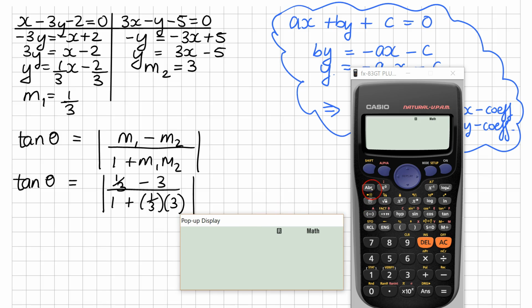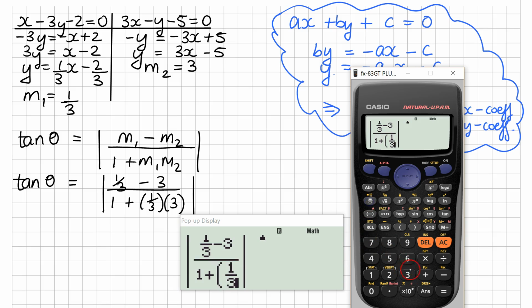I'm going to press my absolute value button, ABS, and then open up my fraction, and go 1/3 minus 3, and on the bottom 1 plus bracket 1/3 times 3. And press equals, so I get 4 over 3.